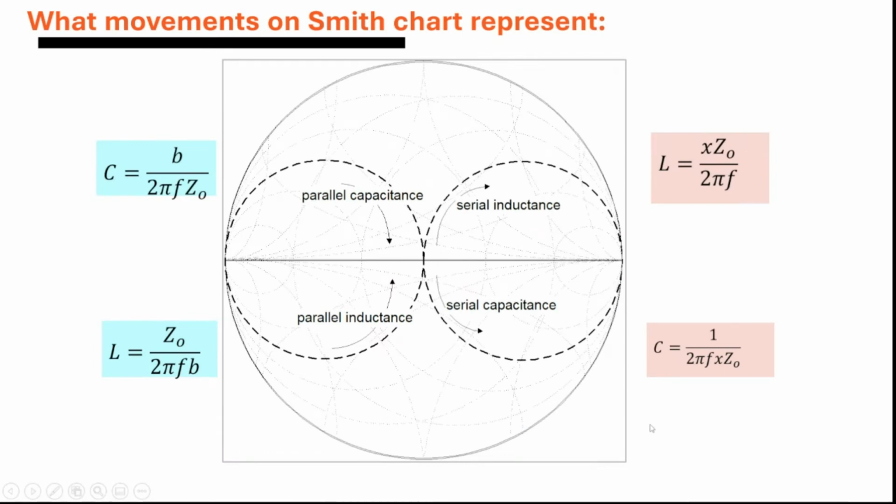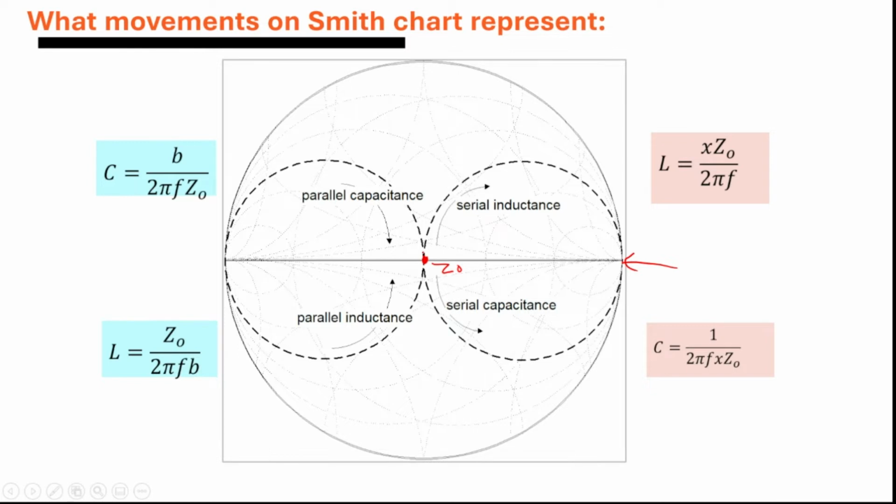Earlier I mentioned that movement on the Smith chart represents the elements that we're going to add into our L network impedance matching circuit. So let's look further into what these movements on the Smith chart represent. Looking at our Z Smith chart over here, our target is moving towards the Z naught at the center.